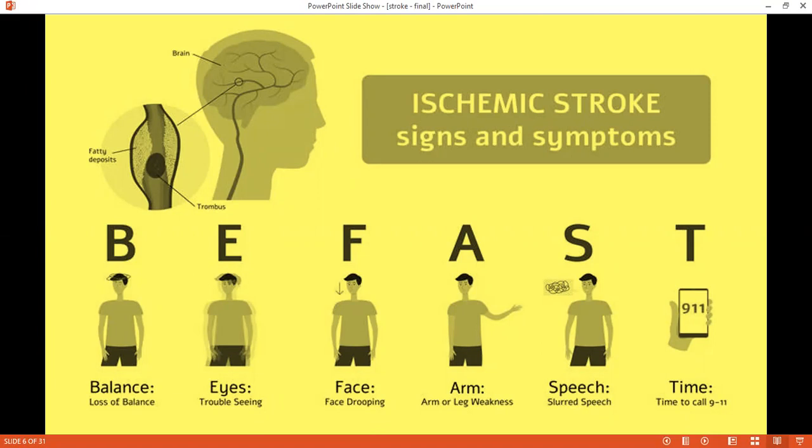They have to reach the hospital quickly. The hospital should have CT scan and MRI to identify whether a stroke has happened. The patient has to go to a hospital with these facilities and take the treatment.